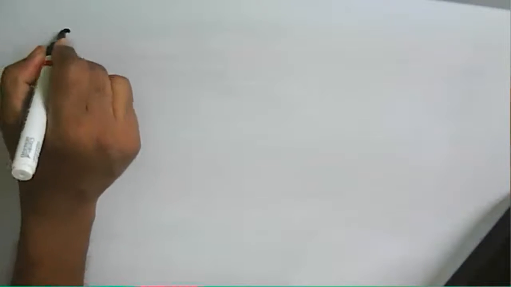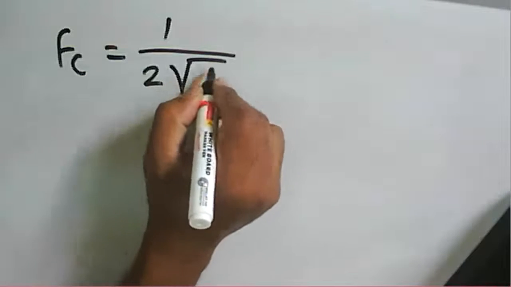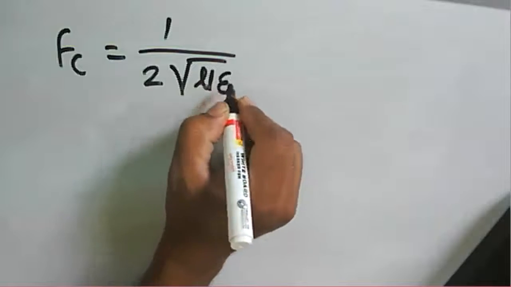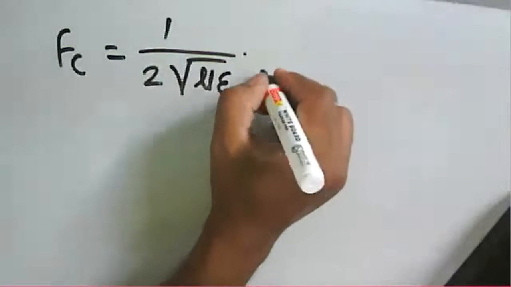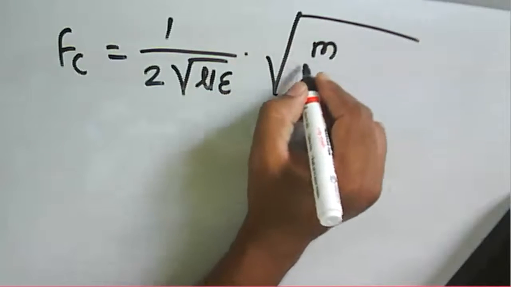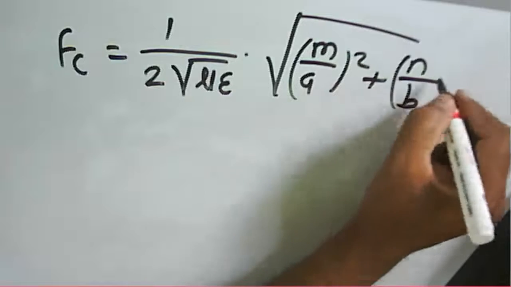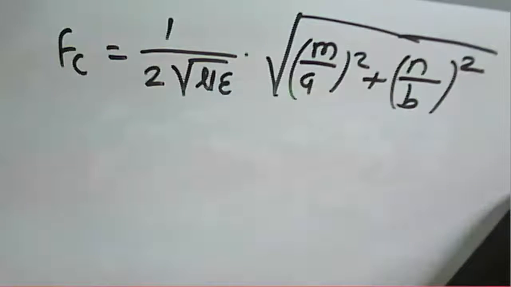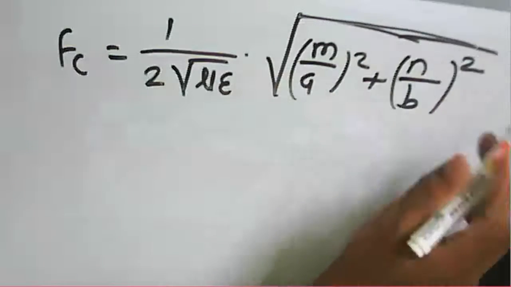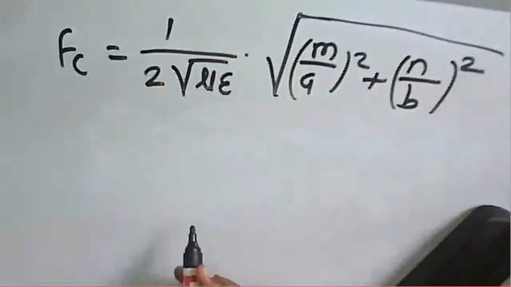Then we know that FC is equal to 1 by 2 under root of mu 0 epsilon 0, and directly we consider under root of (m by a) square plus (n by b) square.